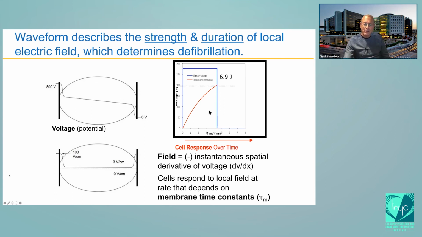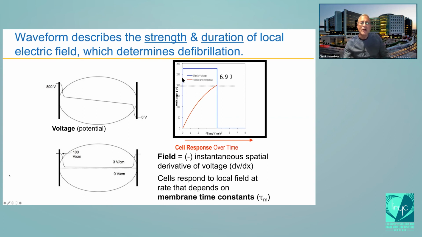What can a cell do? The key point is that if we look at the shock's effect on cell membrane voltage, the change in membrane voltage occurs only as fast as the partially responsive sodium channels in a fibrillating cell during VF can respond. So you can apply all the voltage you want because electronic circuits can apply voltage very fast.